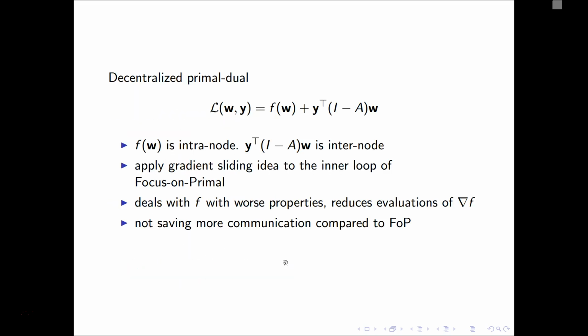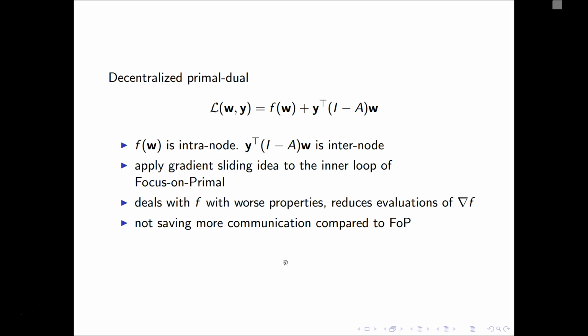And as we can see, we can apply this gradient sliding algorithm on the decentralized primal formulation I mentioned before. So we still have this Lagrangian here, which is f(w) plus this 1 transpose times (I minus A)w. Because f(w) evaluation is intranode, and this (I minus A)w is internode, we want to save the communication, so we just reduce this (I minus A)w.